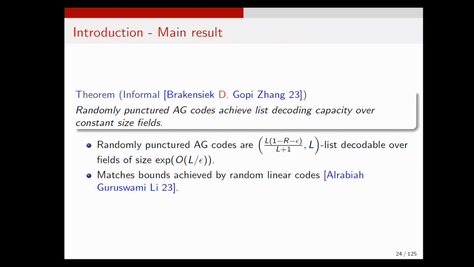These results end up achieving the same parameters, at least up to some constants, as random linear codes.